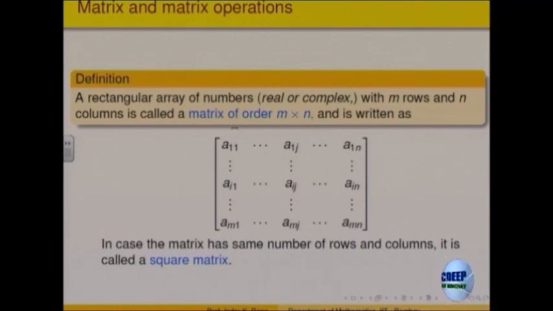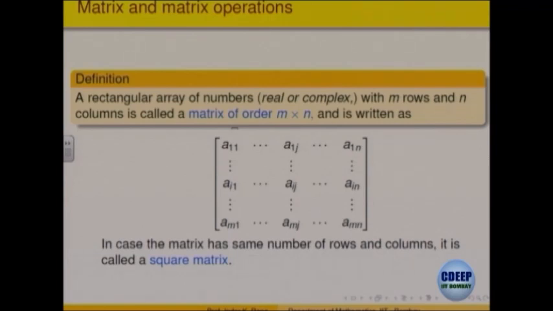Even the machine will not know what is row 1 or row 2 or row 3. So, what will it do? If there is a rectangular array with m rows and n columns, how many total numbers are there? m into n.